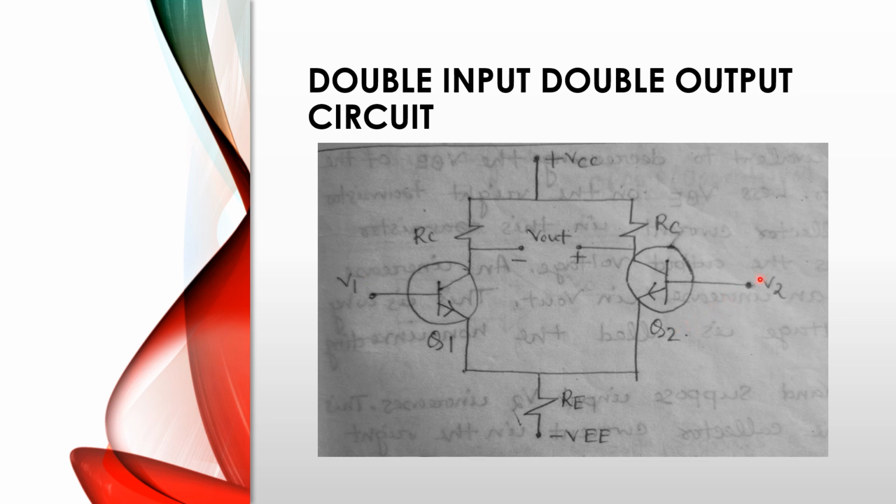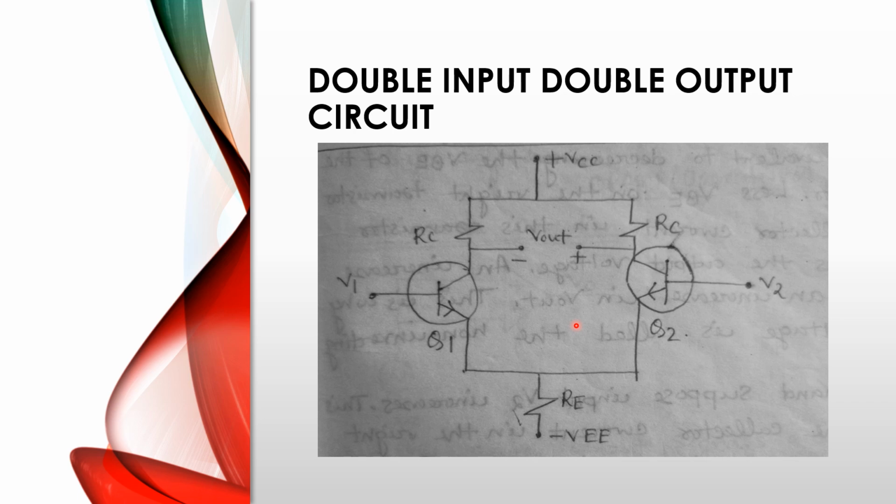Here we apply another voltage, named V2. These two emitter terminals are connected through a common resistor RE to the minus VEE point, and the two collector terminals of Q1 and Q2 are connected through the RC collector resistors to the positive VCC point. From the collector terminals of Q1 and Q2 we get the output voltage, right? So this is the circuit diagram.